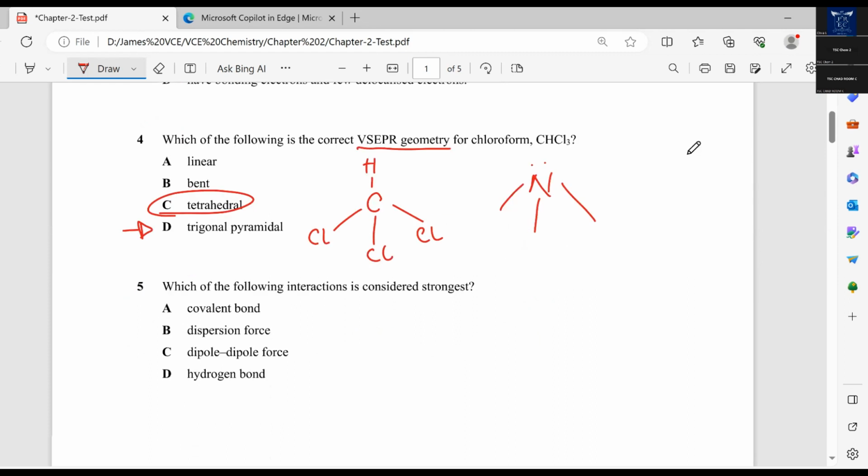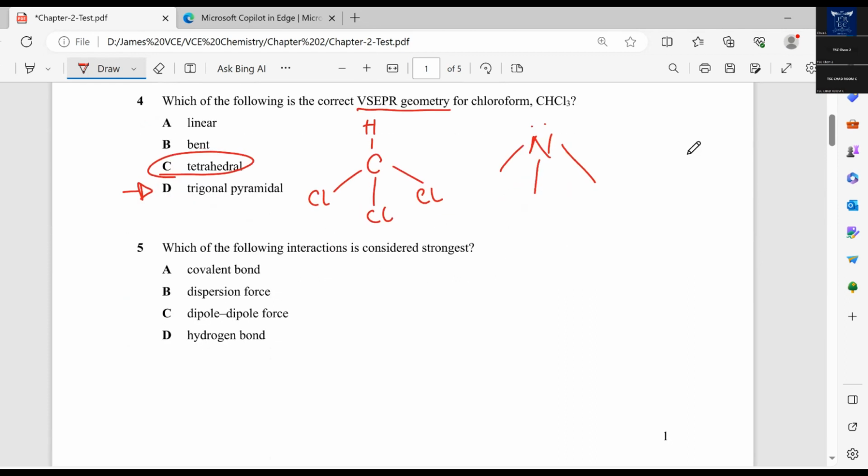Which of the following interactions is considered the strongest? I think you missed out the word interaction. So it is not necessarily intermolecular force. It can be any interaction, any forces between them. So in terms of the strongest in nature, no matter how strong all these intermolecular forces are, they will still be weaker than a covalent bond.